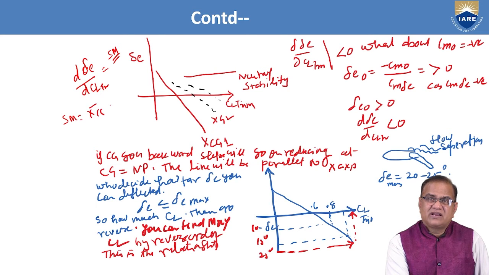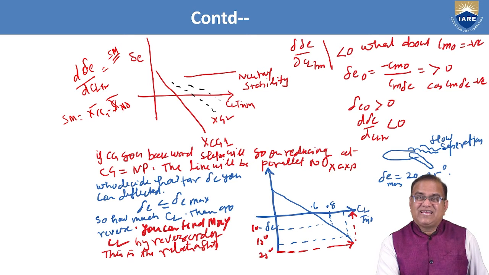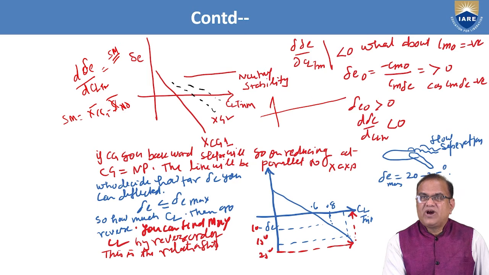X CG bar minus X neutral point bar. So it depends upon these two parameters. If we take the CG here, this is point 1, this is 2, and this is 3. At 1, if you take this CG, and here is NP, the distance is high. SM1 is higher than SM2, and this is SM3.